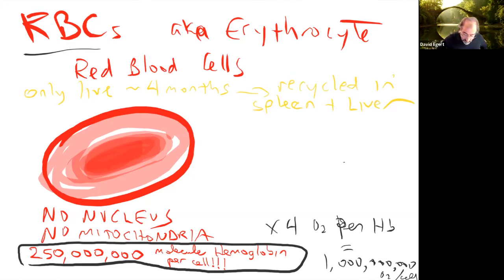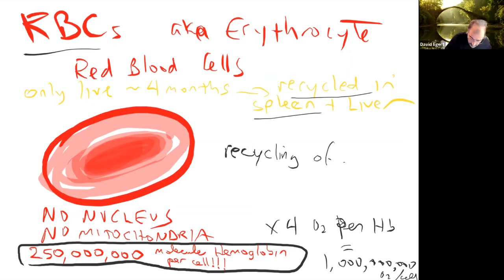I should mention part of the recycling of the hemoglobin, recycling the heme groups creates bilirubin, which becomes part of your bile. It's brownish. This is the stuff that ultimately is going to turn your poop brown.